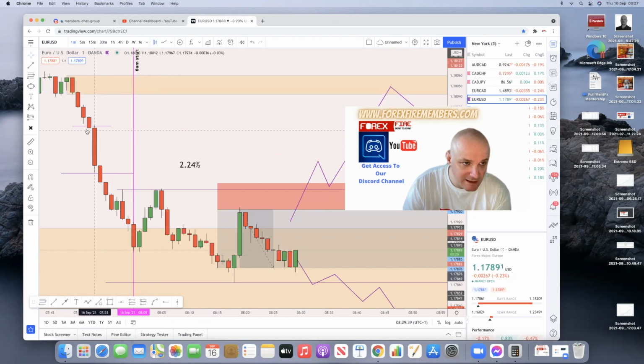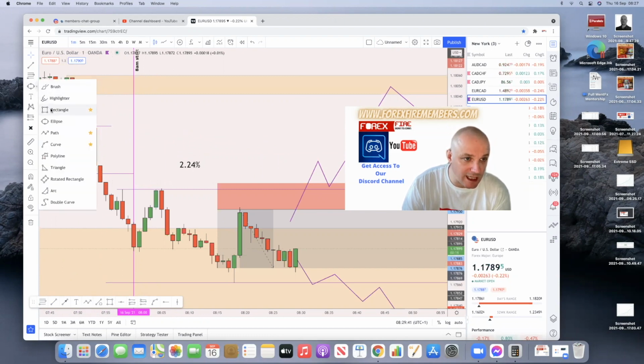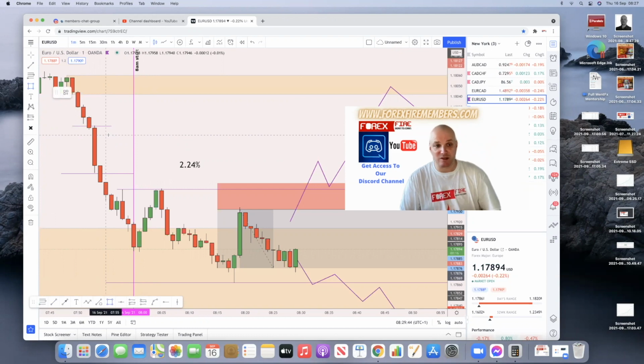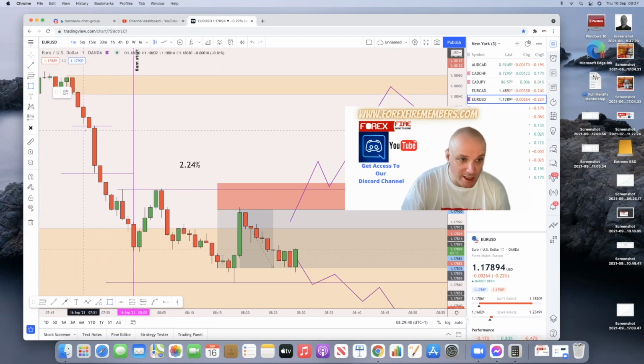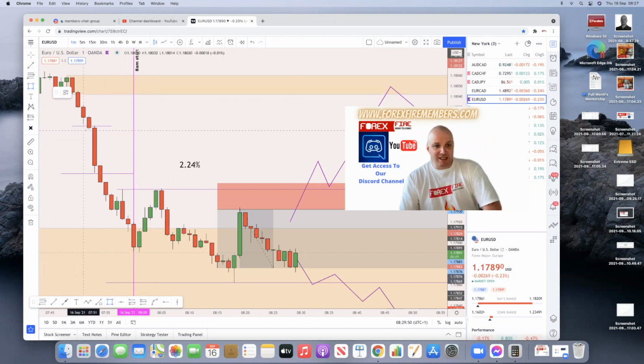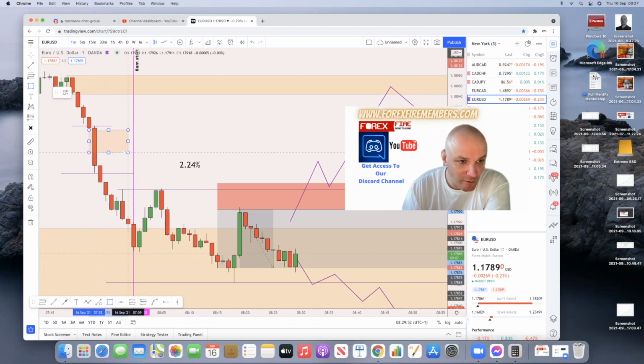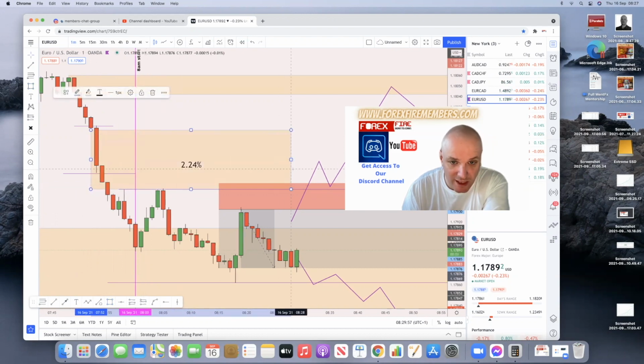Because technically, when you are looking at imbalance, it's where there's nothing that comes back into play from the previous wick. So again, from there to there is a lot of imbalance, okay? So again, price has to come up to mitigate.